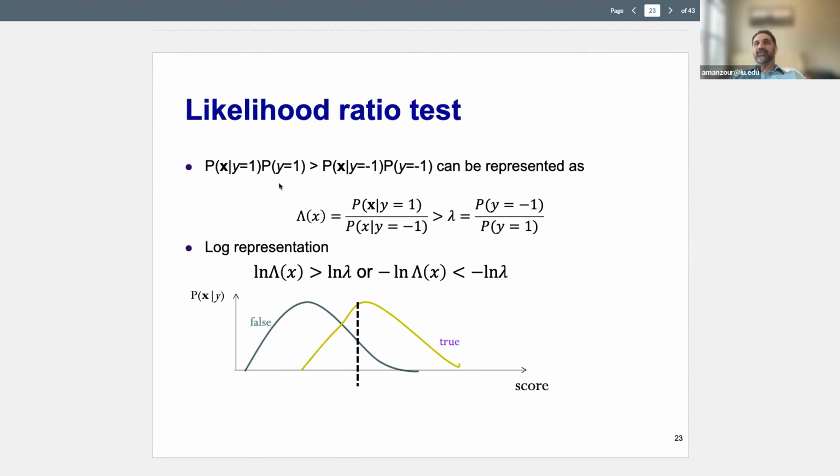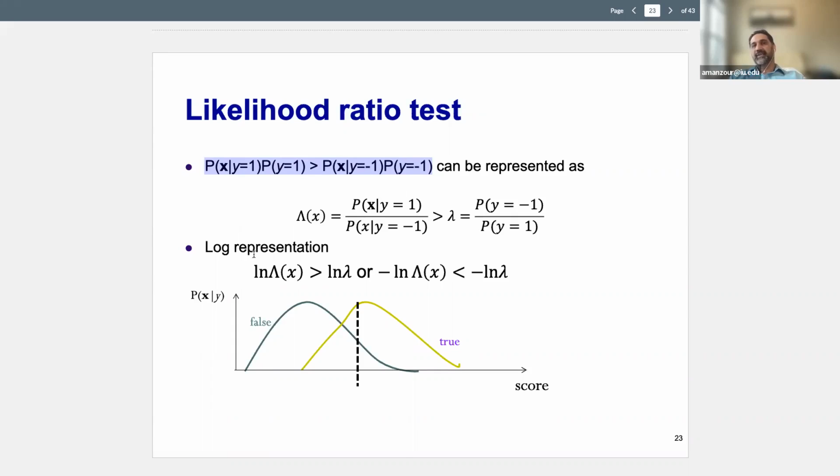And we can rearrange these terms, divide conditional probabilities by each other, and represent this decision-making criteria in a different form. It's just dividing them, and we can take the log of these expressions. Log is convenient numerically and mathematically, but it doesn't interfere with our decision-making process.